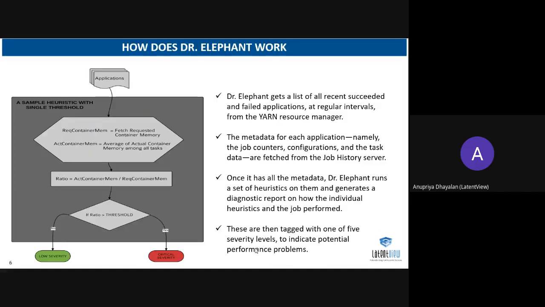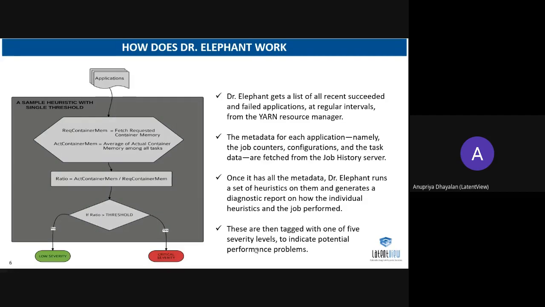Next we will see how Dr. Elephant works. As you can see in the simple diagram, we have an application, and we have thresholds and severities defined. Let me explain this flow in detail. Dr. Elephant gets the list of all the recent succeeded and failed jobs from the YARN resource manager.